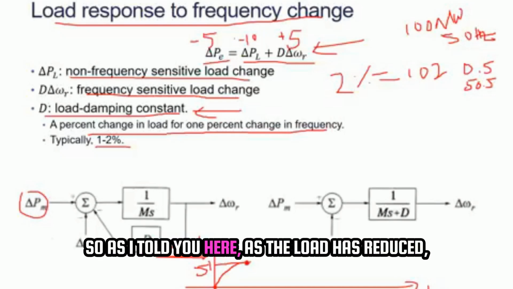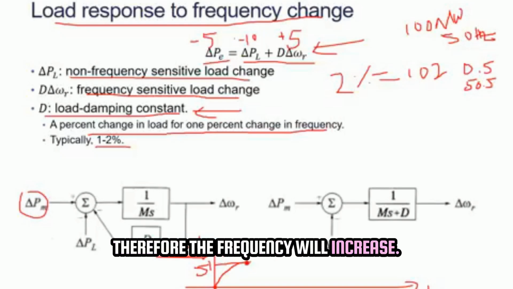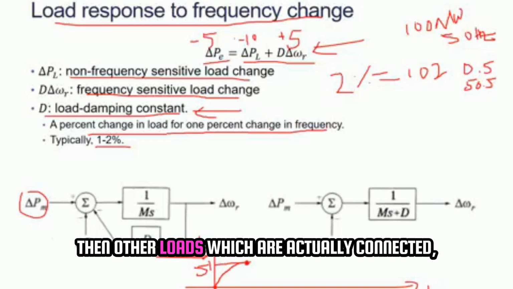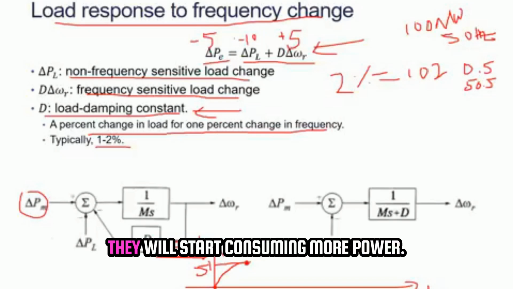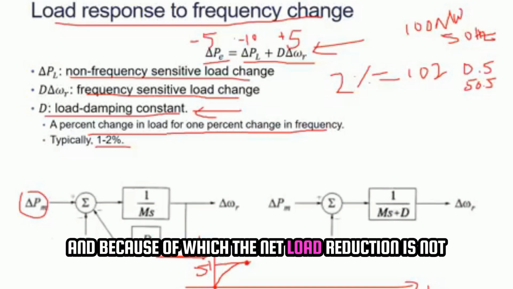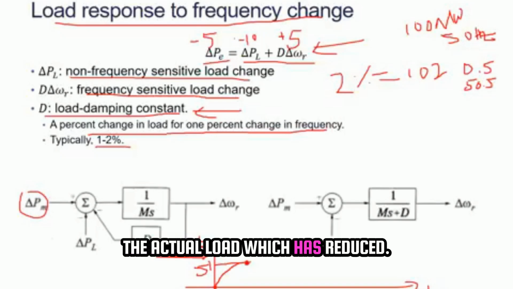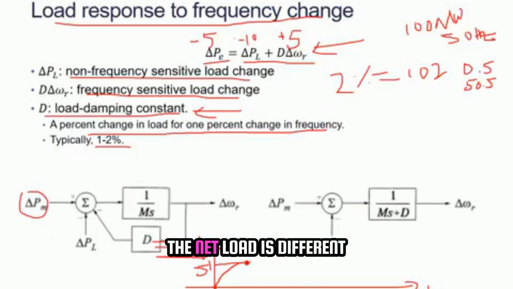So as I told you, as the load has reduced, the frequency will increase, and as the frequency is increasing, other loads which are connected will start consuming more power, because of which the net load reduction is not the actual load which has reduced. You got the point. The net load is different and the actual load that we lost is different.